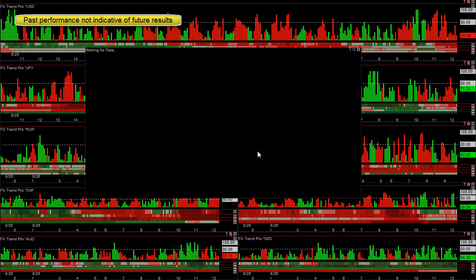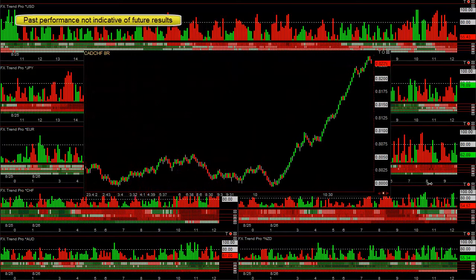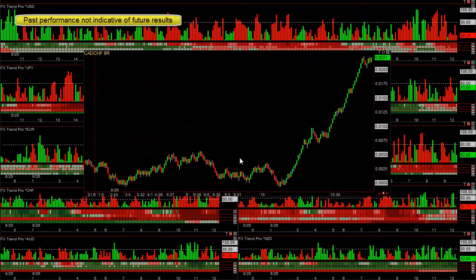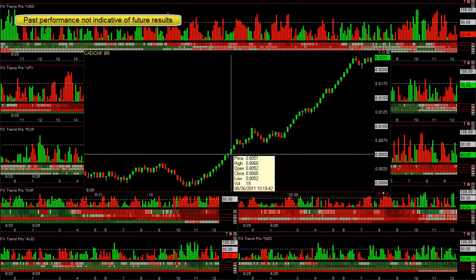Most people don't trade the CAD Swiss, but if it happens to be one of the best pairs to trade, you're going to find some good trades on it. At the 10 o'clock time, when that currency took off, you might not have even got into this trade, or you might not even have started to watch it until it started going up a little bit.